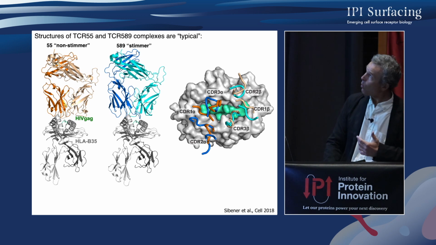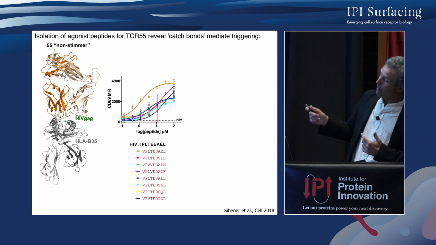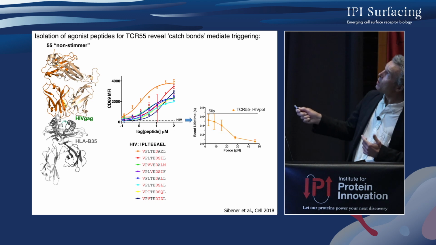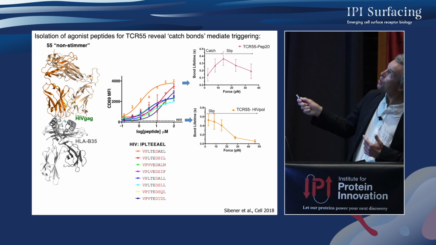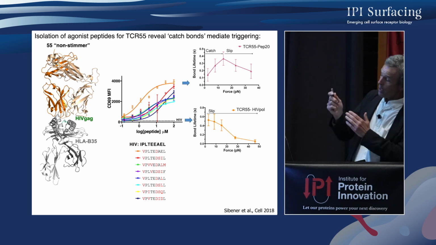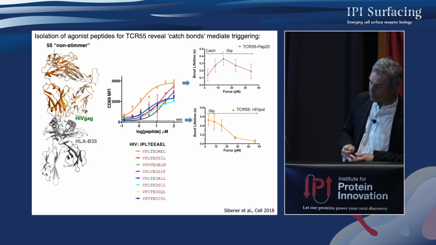And what we found was the non-stimmer peptide was a slip bond, whereas the stimmer peptide was a catch bond, just like you saw with Notch. Except in this case, the catch bond is rather unusual. Rather than a domain movement type of catch bond, it's between two relatively flat surfaces.